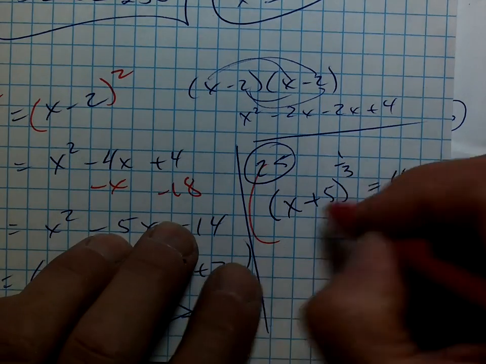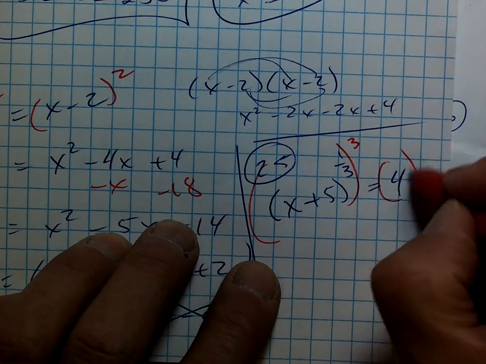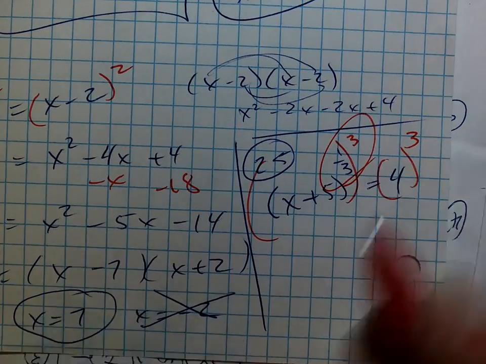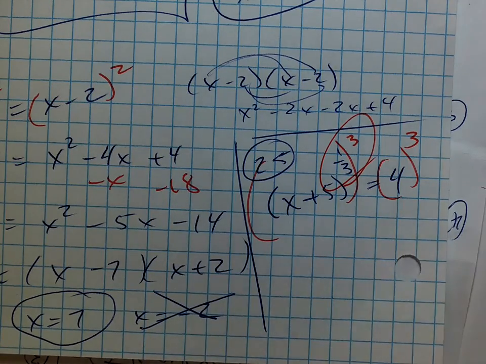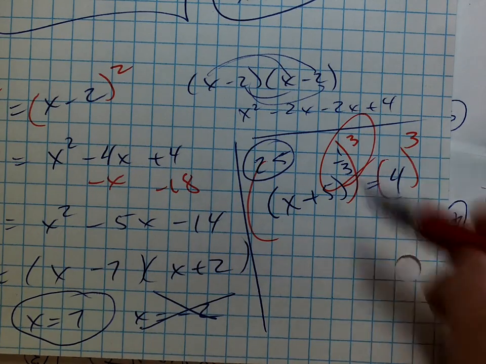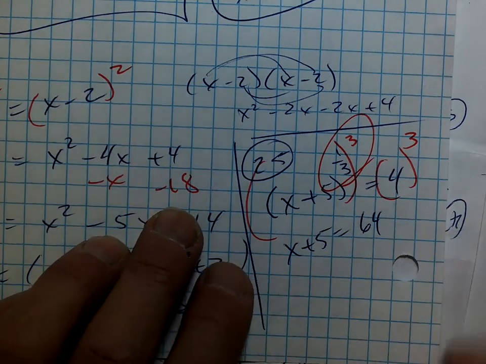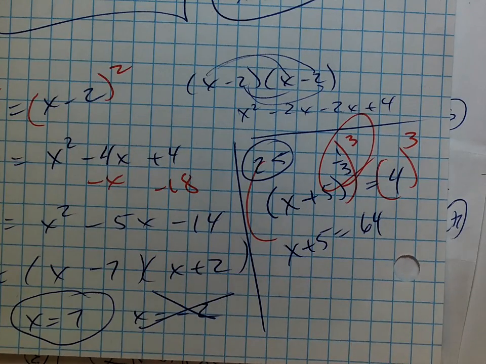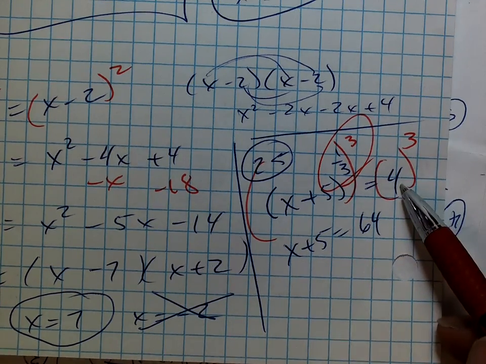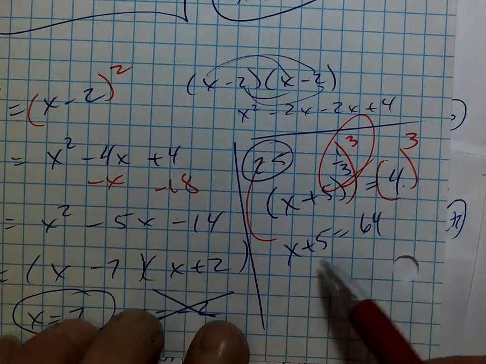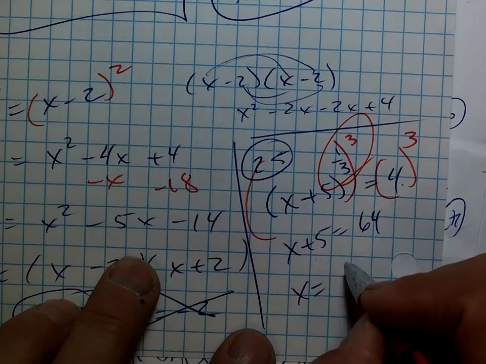If I cube both sides, wouldn't that make those cancel? Yeah, right? Or that's a cube root. So I get x plus 5 equals 64 because 4 times 4 is 16 times 4 is 64. Minus 5, I got x equals 59.